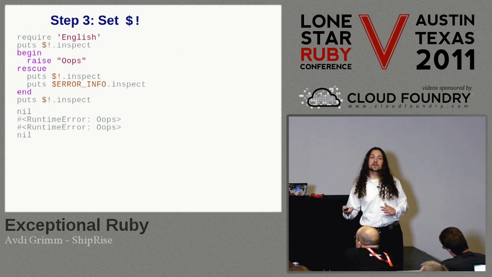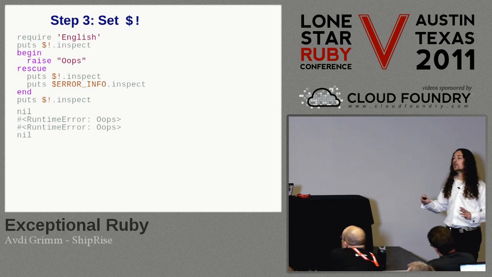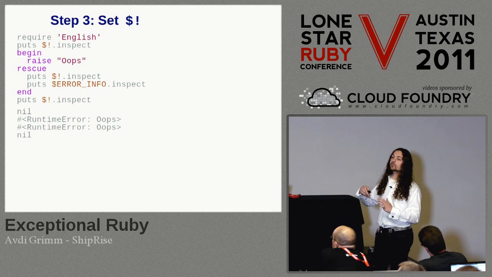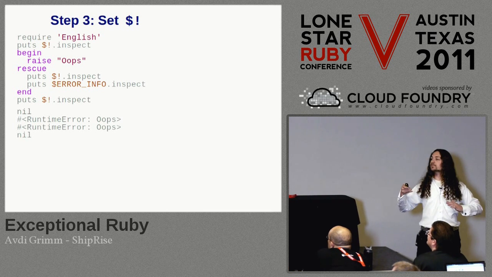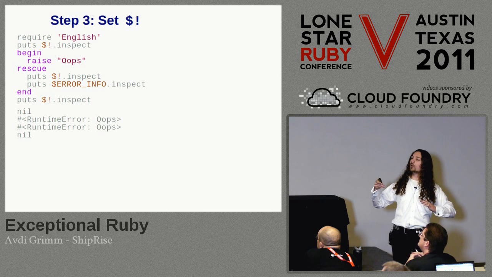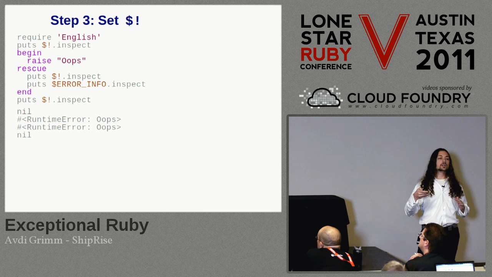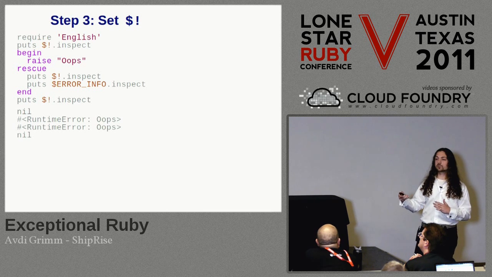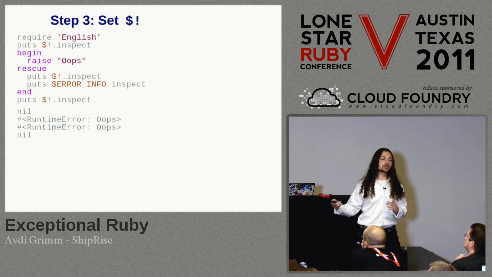Step 3 is setting the error info variable. This is a global variable in Ruby, or at least a thread global, you could call it, which always contains the value of the most recently raised exception. So if there is an exception being raised, it's going to contain a reference to that exception.